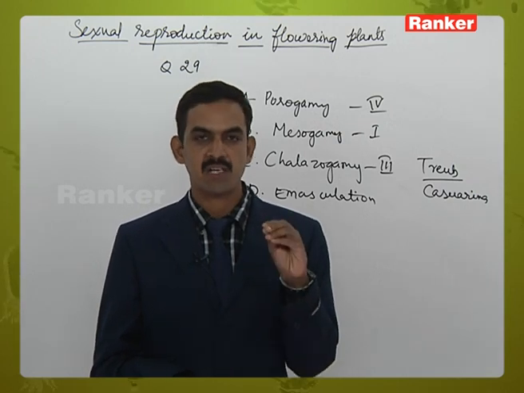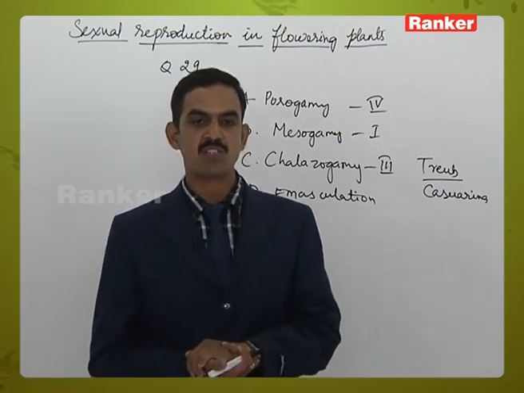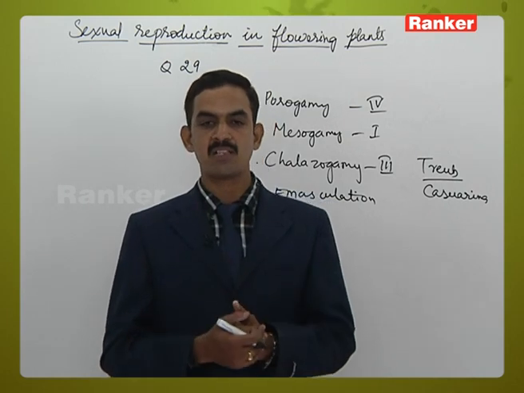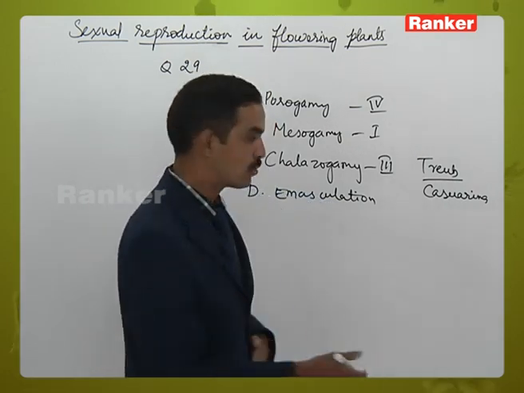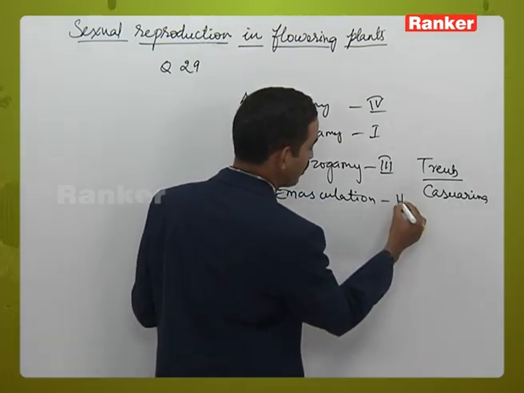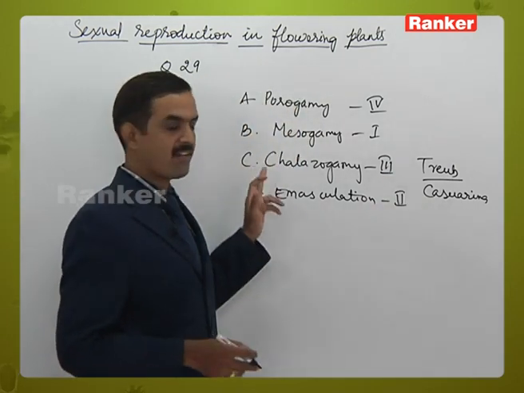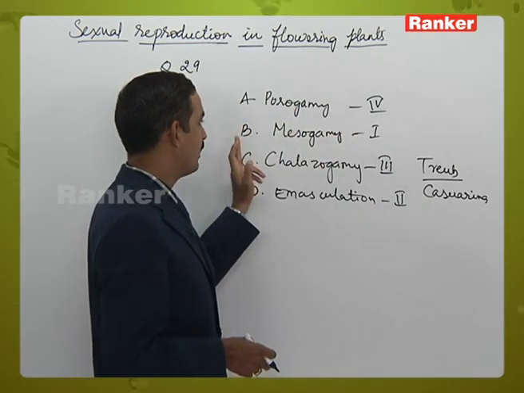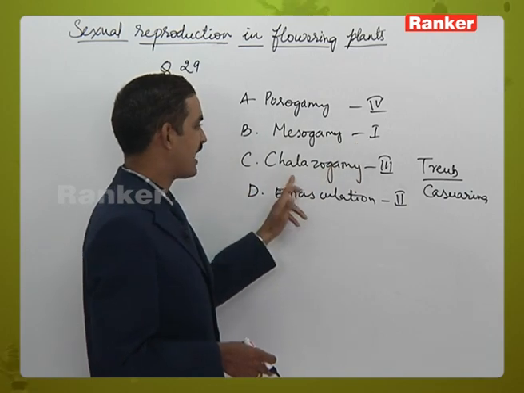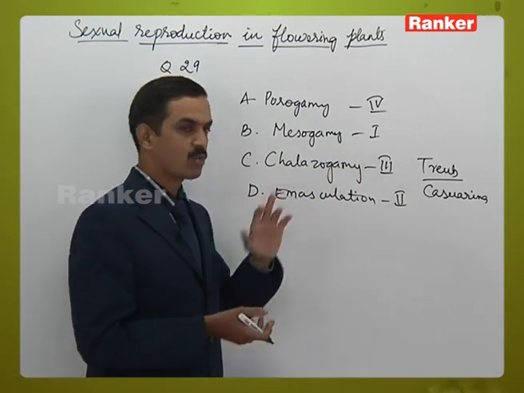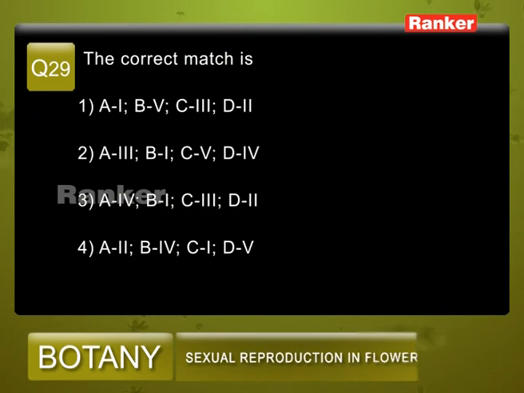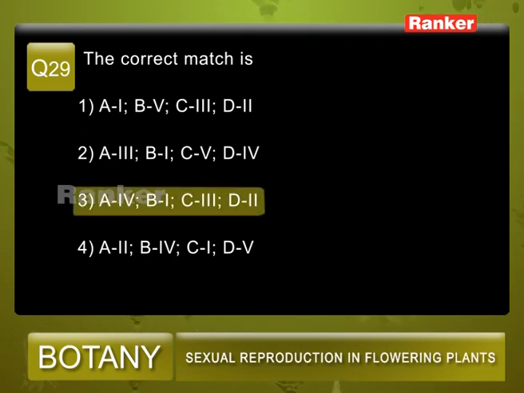That process of removal is called emasculation. From the given options, stamens are there, so emasculation is related to stamens. So A, porogamy is 4, B, mesogamy is 1, C, chalazogamy is 3, D, emasculation is 2. So question number 29, the correct answer is 3.